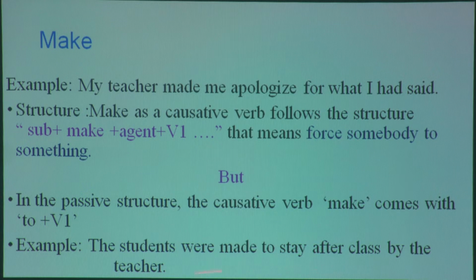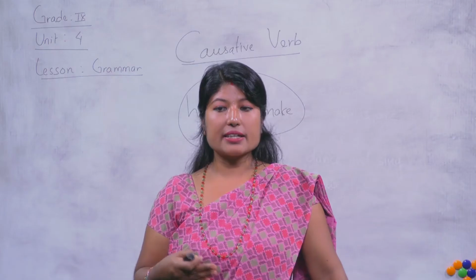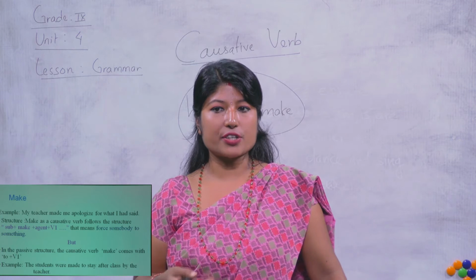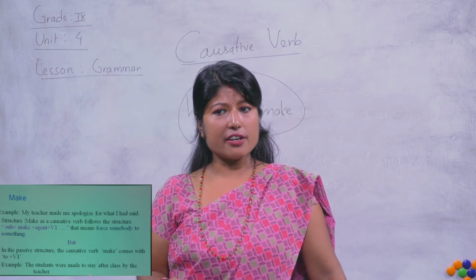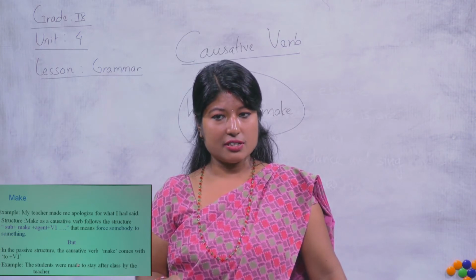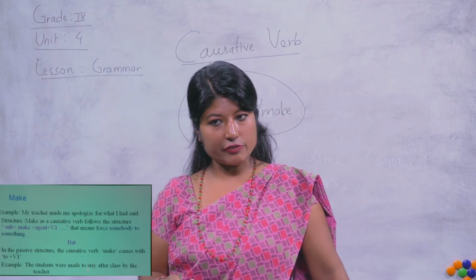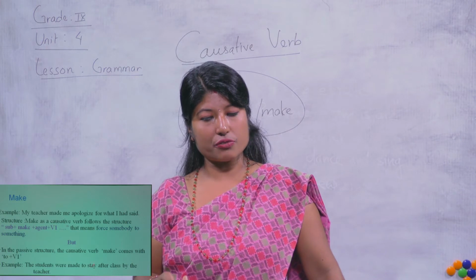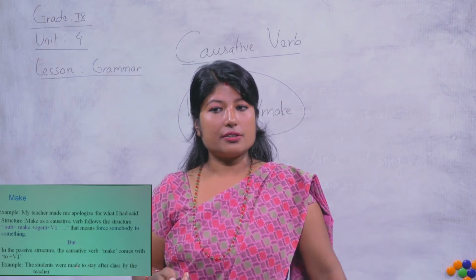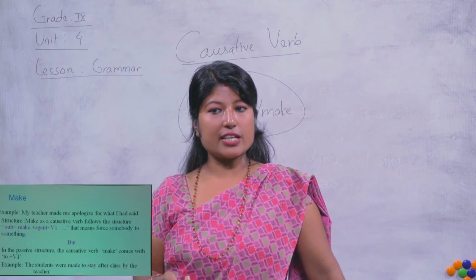That's why we have "were made to stay." Usually in the exercises, what sorts of exercises are you given? Somewhere causative verbs are given, and you have to write the verb with or without the infinitive to yourself, or it is vice versa.